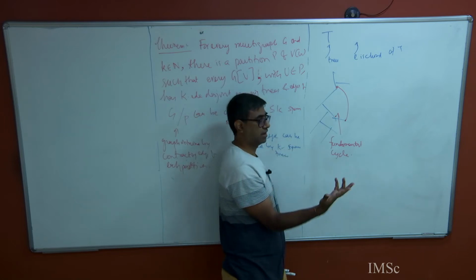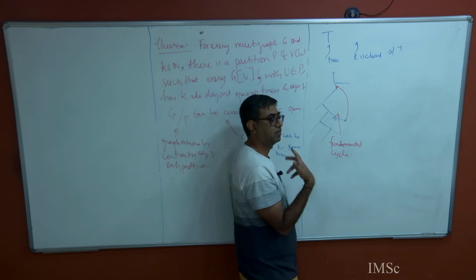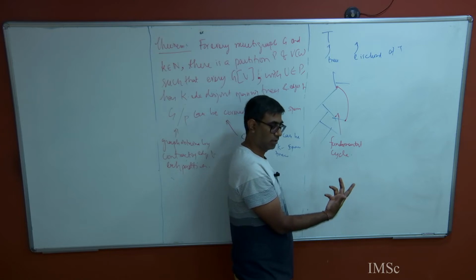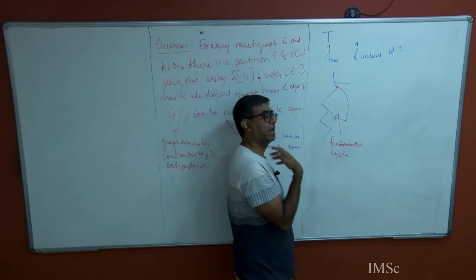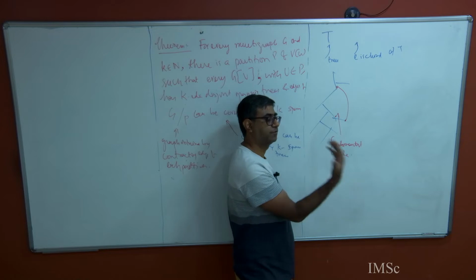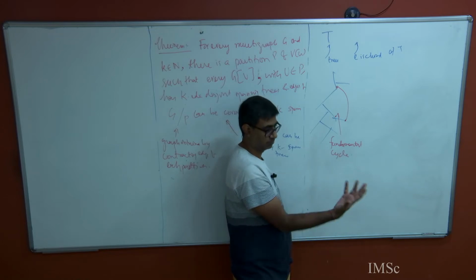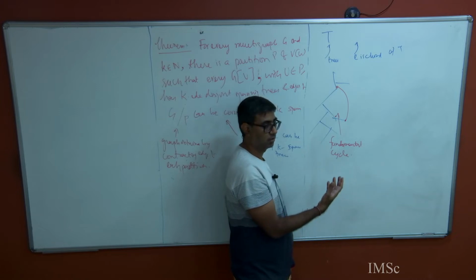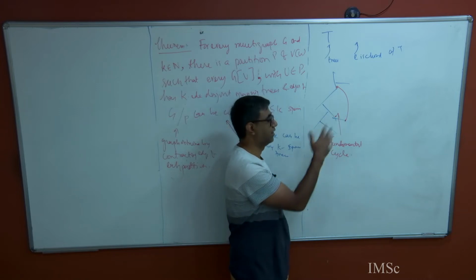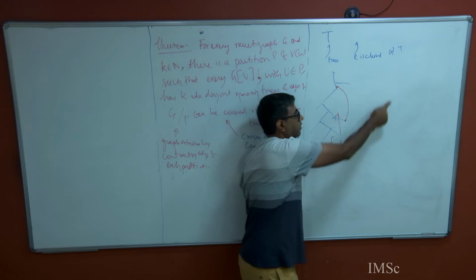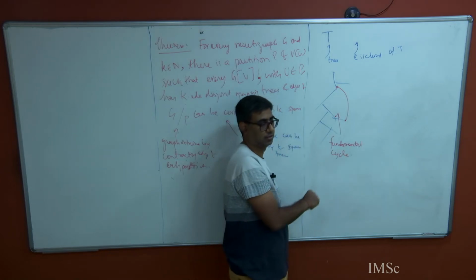So every other cycle that you can conceivably think of, any cycle that contains at least two edges from outside the tree, is not a fundamental cycle, right? For example, if I delete this, there could be a cycle just here itself, completely outside.